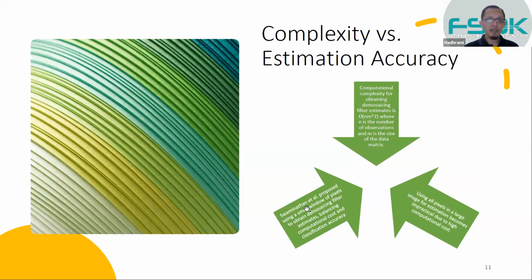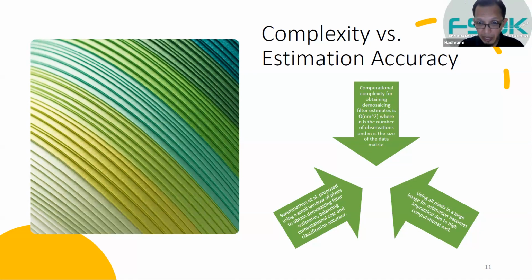Okay, so of course there is a trade-off here that has to be faced by the experts in the field, a trade-off between the complexity and the estimation accuracy. Either you want to increase the accuracy at the expense of increasing the complexity, or you want to reduce the complexity at the expense of reducing the estimation accuracy.